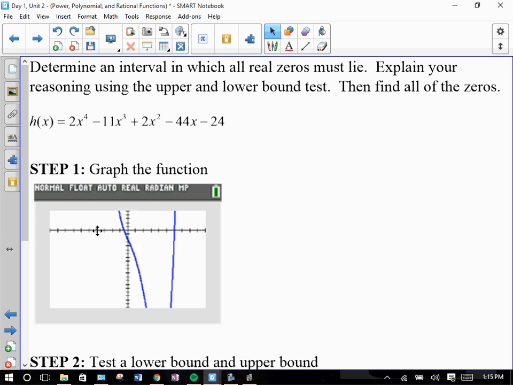Right now we're only concerned about real zeros. In this case, we can see it has 2 real zeros. Now, my first question would be this. How do we know that it only has 2 real zeros? How do we know that it doesn't go up here and come back down and cross the x-axis? I could zoom out and then say, well, how do we know that over here it doesn't come back down?